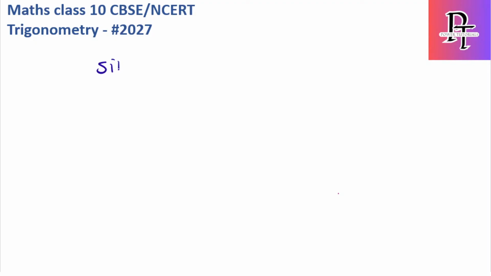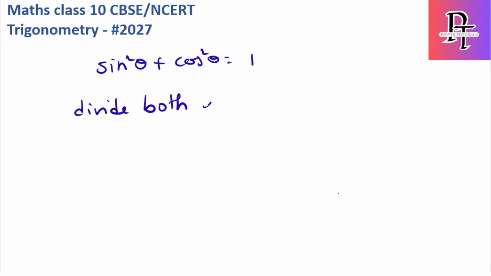The first equation is sin square theta plus cos square theta is equal to 1. Divide both sides by cos square theta. So if I divide both sides by cos square theta, what will it become?